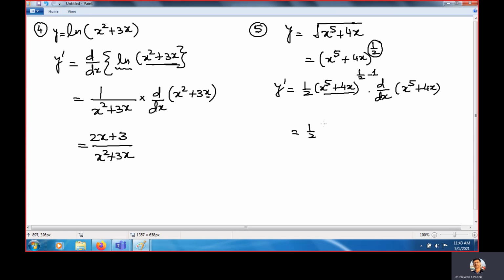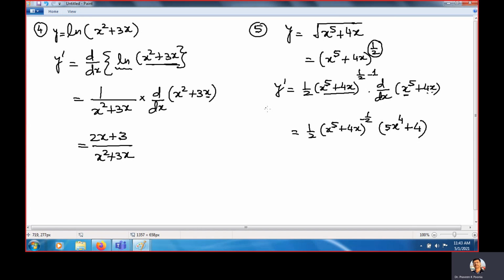So it is 1 upon 2 into x power 5 plus 4x to the power 1 by 2 minus 1, which is minus 1 upon 2. And the differential of x power 5 is 5x power 5 minus 1, that is 5x power 4. And plus, what is the differential of 4 into x? The differential of x is 1, so 4 into 1 is 4. That's all. This is the answer.